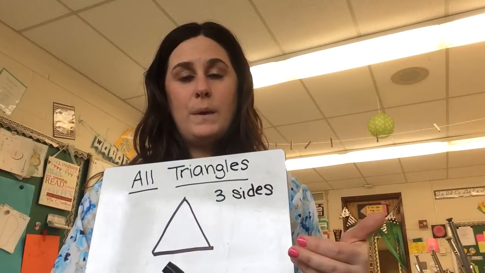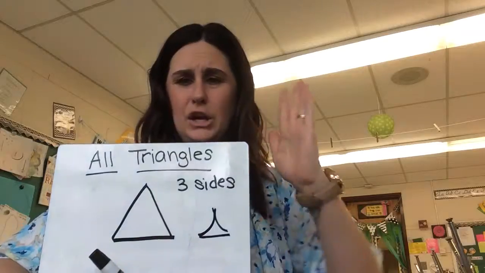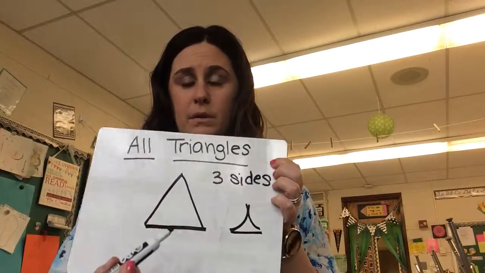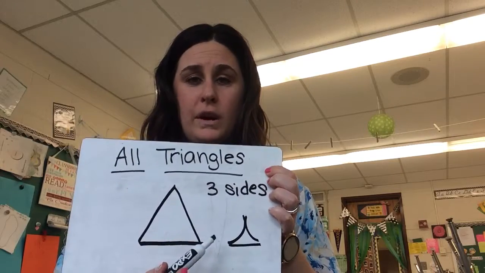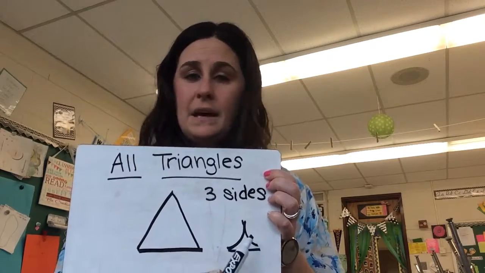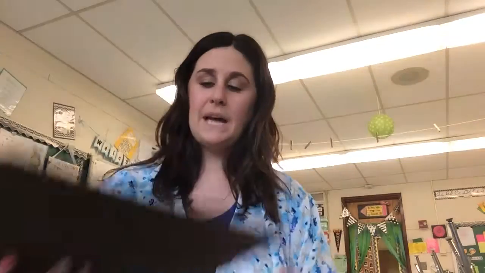Today we had an example of a triangle that kind of looked like this, where it had a curved side. A lot of students said, well, it's a triangle because it has the three characteristics. But even though this does have three sides, it's not a triangle because the sides are curved. So all the sides have to be straight. Three sides, make sure they are straight, okay?